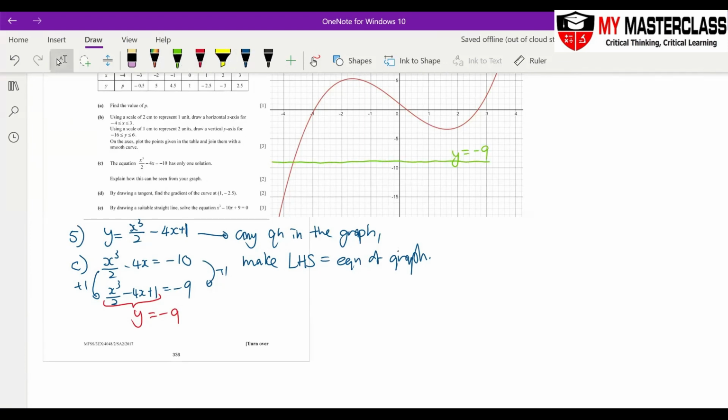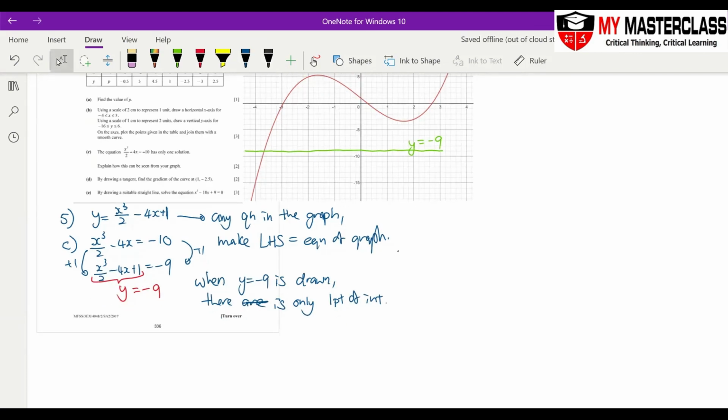When y equals negative 9 is drawn, there is only one point of intersection. Therefore, only one solution.